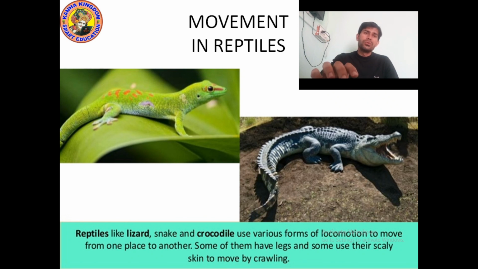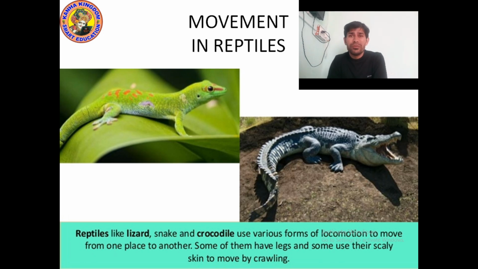Okay, so if we talk about reptiles like lizard, crocodile, how does a lizard move? How does a crocodile move? I know a lizard has 4 legs. A crocodile also has 4 legs, but how do they move? Reptiles like lizard, crocodile move in various forms of locomotion.